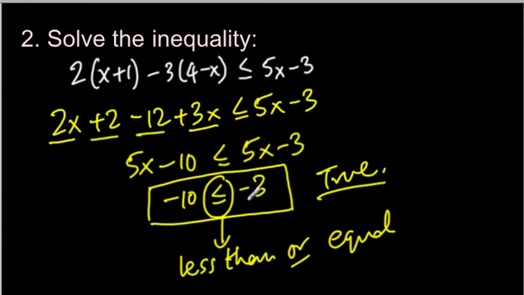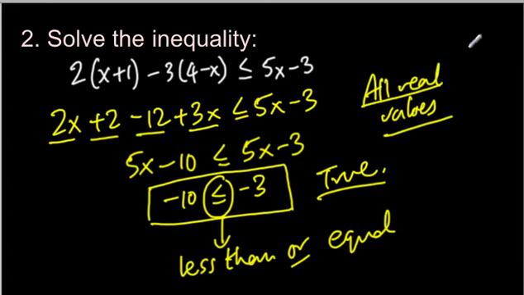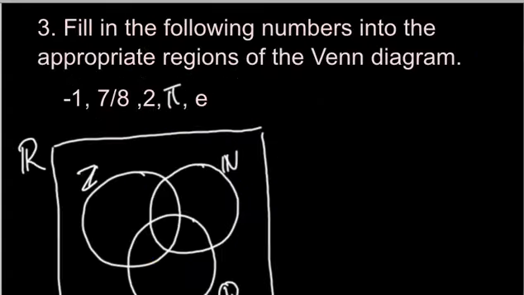Negative 10 is less than negative 3, so this statement is true. And since this statement is true, the solution is all real values. What that means is that any value of x in the real number system will fit this inequality. If you pick 1 for x, 2 for x, 3 for x, it doesn't matter. This will always work for all real values of x. And that's our solution for number 2.